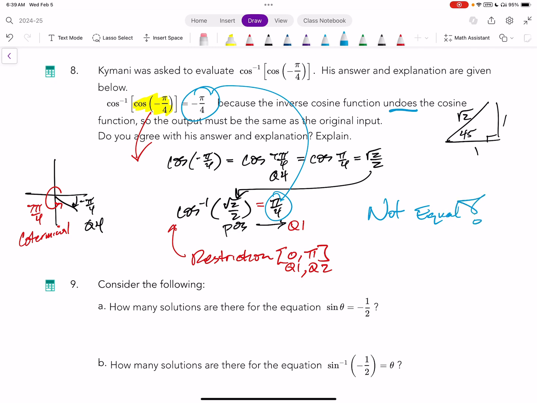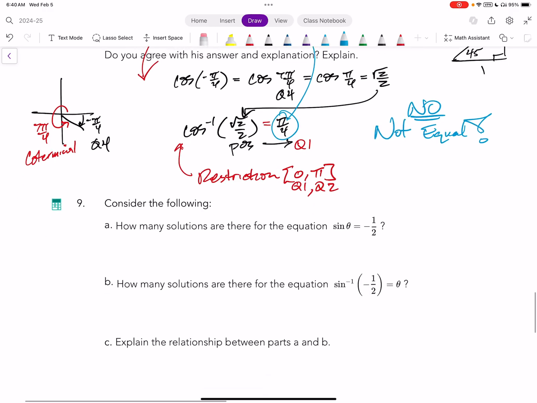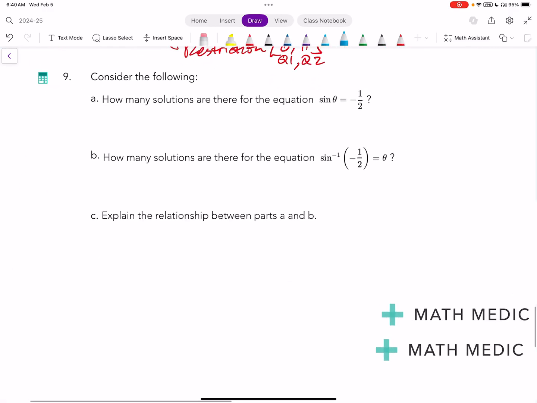It says, do you agree with his answer? No, they're not equal. So the inverse cosine of an angle doesn't always give you that input value, so be very careful there.